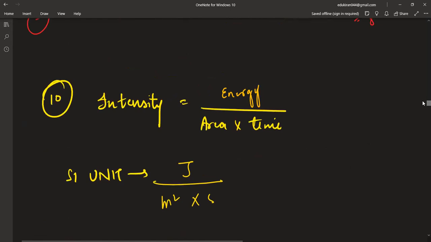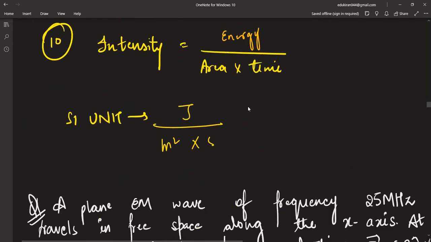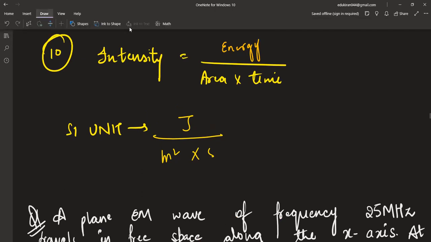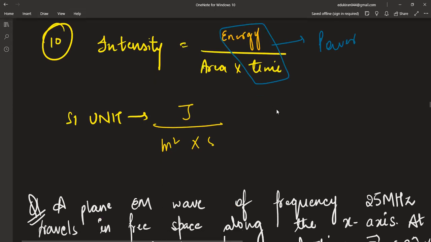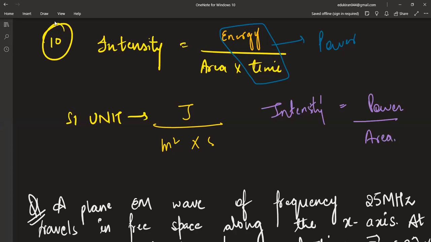This is the last property, intensity. Intensity's definition, or simply the formula, is energy per unit area per unit time. So energy per unit time is already power. So intensity's formula will be power per unit area.